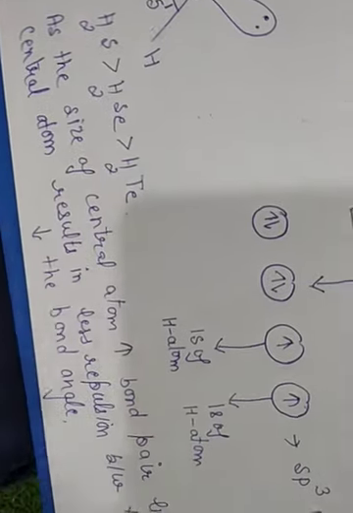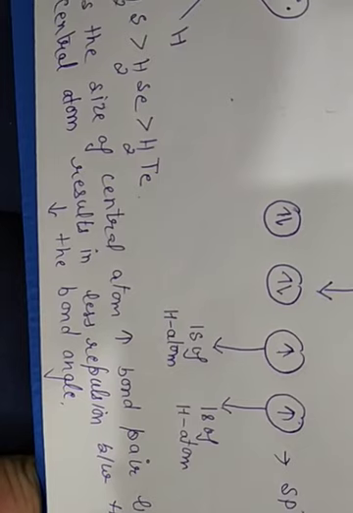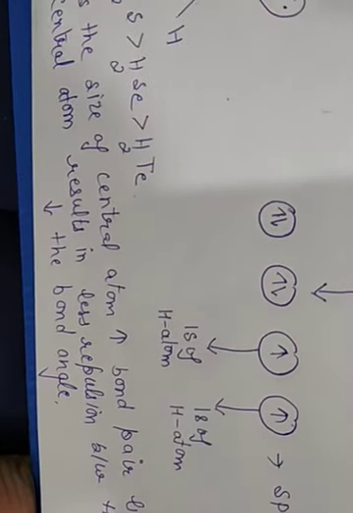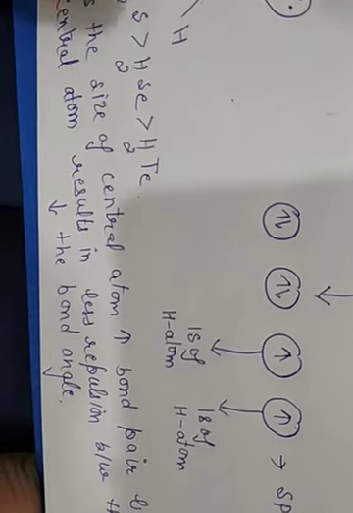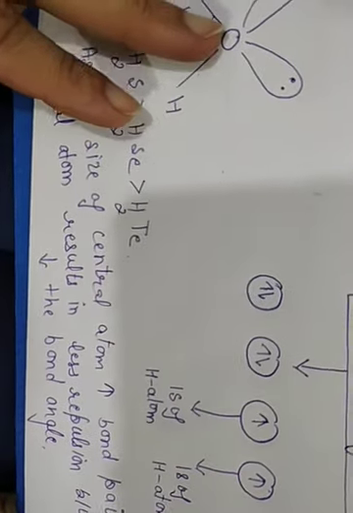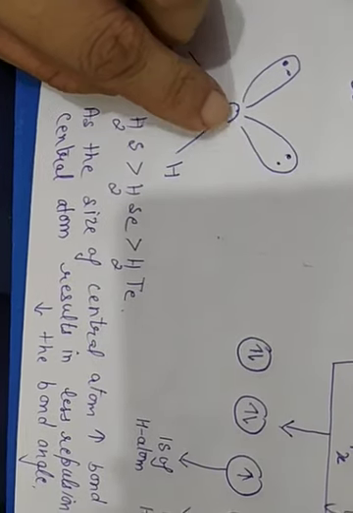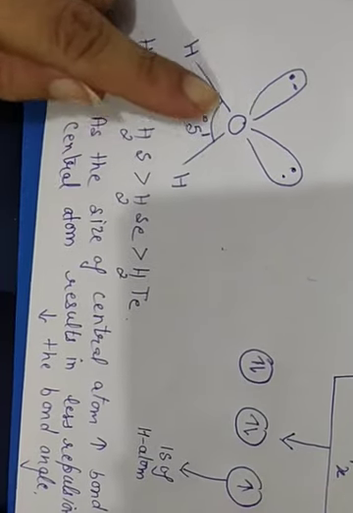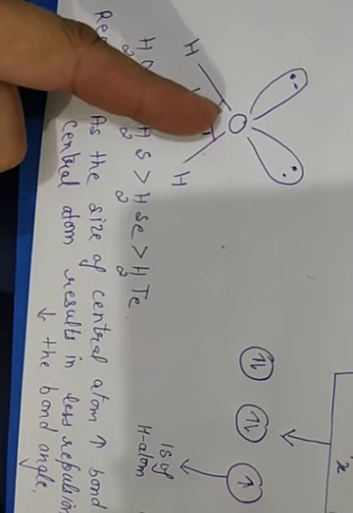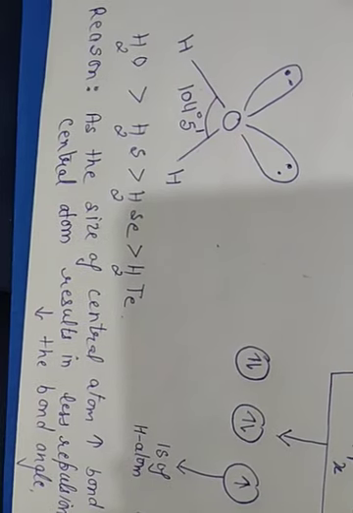So what is the reason for the decrease in the bond angle of these hydrides? That is the less repulsion between bond pair and bond pair as they move away from the central atom. So as its size starts to increase, the bond pairs lie away from the central atom, which results in decrease in bond angle.